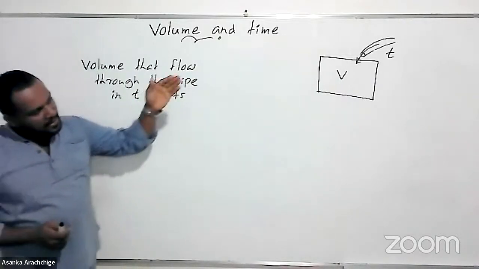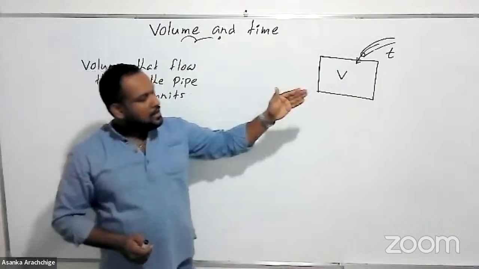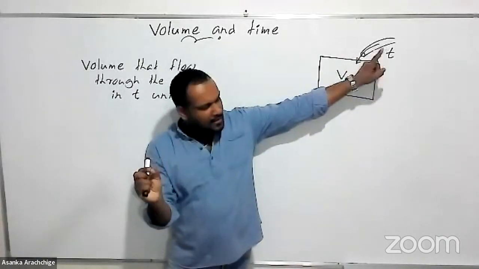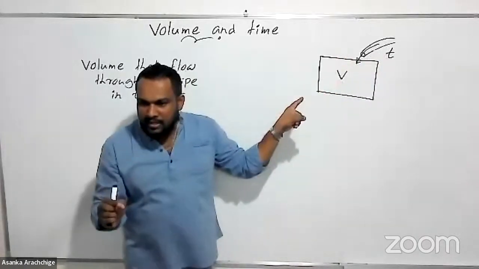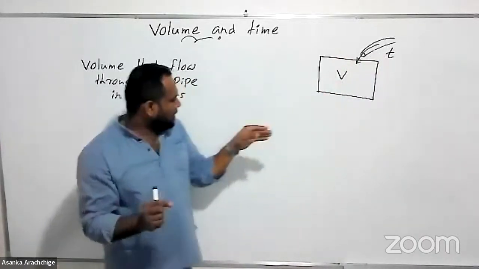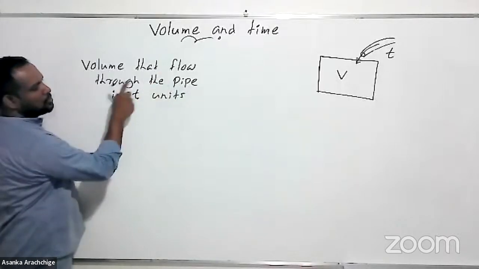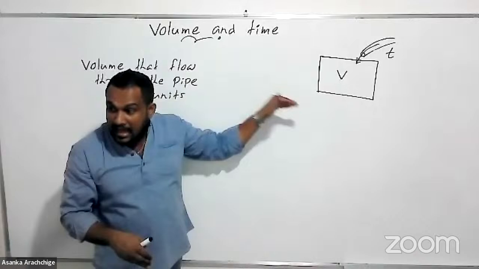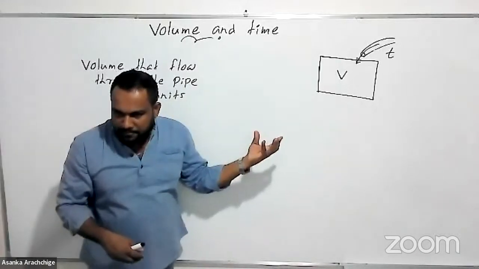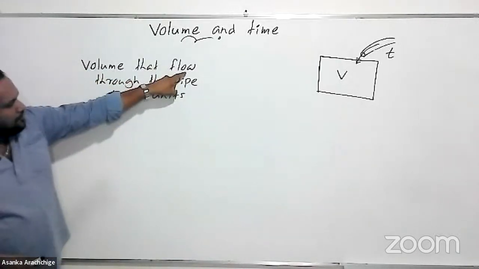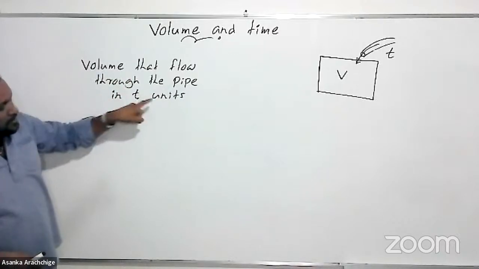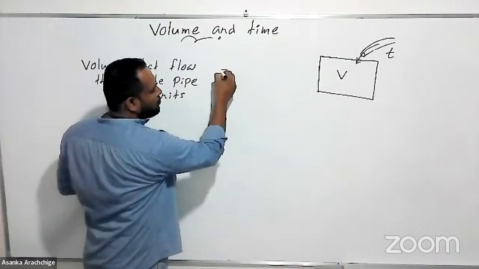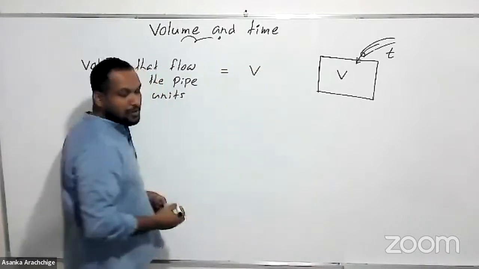That means the volume that flows through the pipe within T units of time, measured in any unit. How much would it be? That is V units of volume.